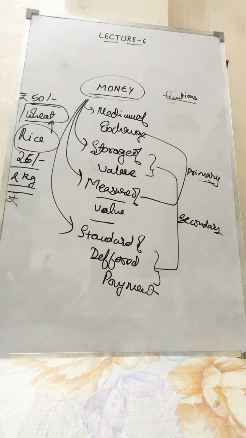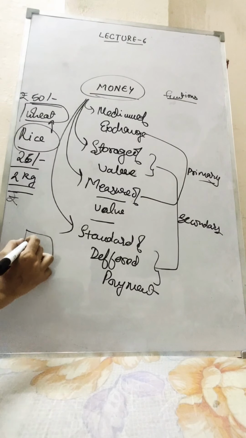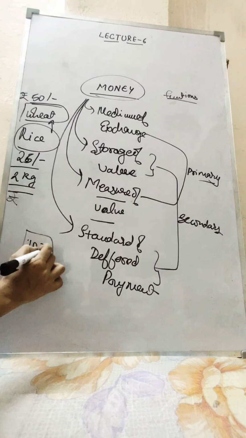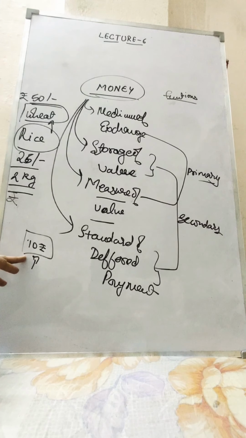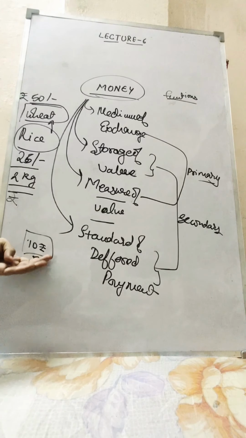So we can say that money does not have its own value. If I say that a 10 rupees note does not have its own value unless it's signed by the governor of India or it's owned by the government, right? So its own value is null. Whenever it's taken up by the government, it gets valuable.